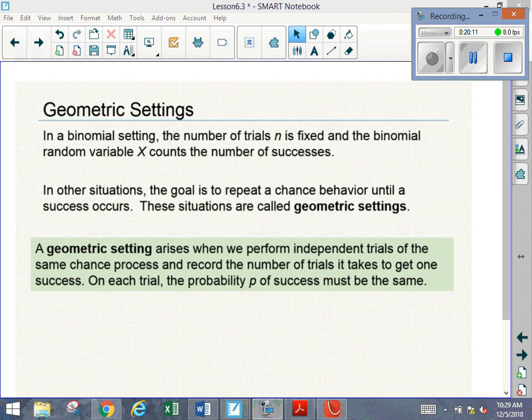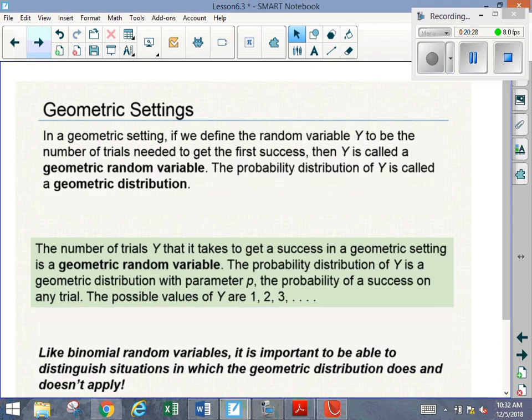As we go through our examples for each of our binomial settings, I'll throw in a geometric probability as well. So we're looking at the number of trials it takes to get your first success. That's all the geometric is.